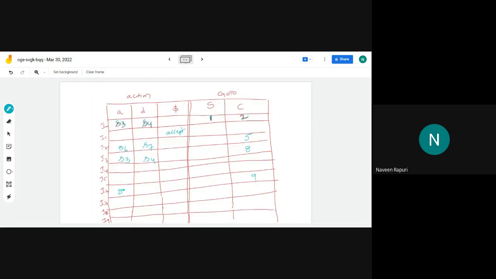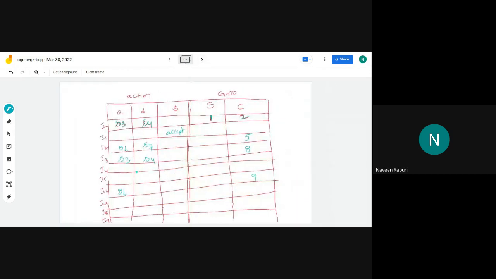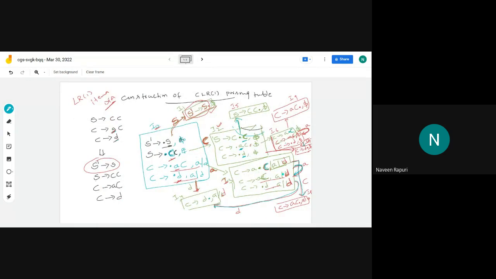That means S6. And I6 on small d, it is moving to I7. That means shift 7. And then I6 also completed.